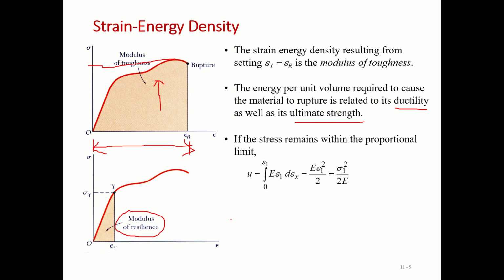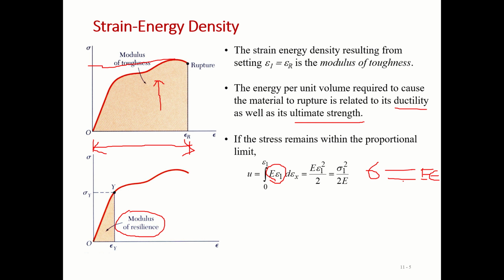And from the previous stress-strain relation, we can say that according to Hooke's law, stress is related to the modulus of elasticity and strain. So this is the stress, this is the modulus of elasticity, and this is the strain.